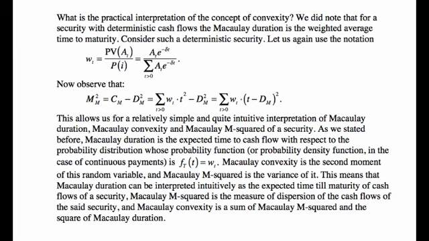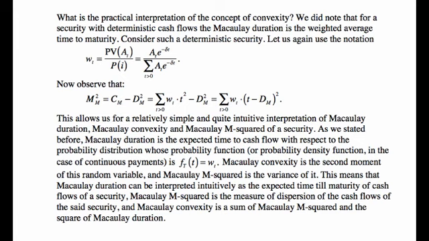So what is the practical interpretation of all of this stuff that we're studying here, especially convexity? So we did note before that for a security with deterministic cash flows, the Macaulay duration is the weighted average time to maturity. And we notice that Macaulay duration was the expected value of the probability distribution defined by those weights.